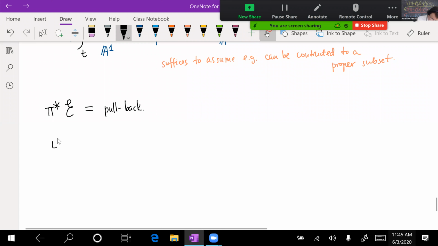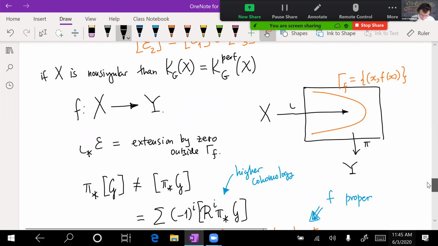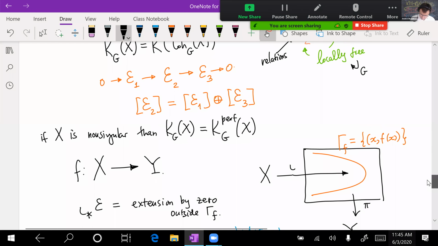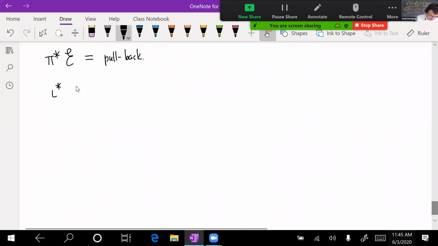But now if I want to pull back something with respect to the inclusion, some sheaf G, then the pullback of this class, well, I can't really. It would be wrong to just pull back the sheaf.